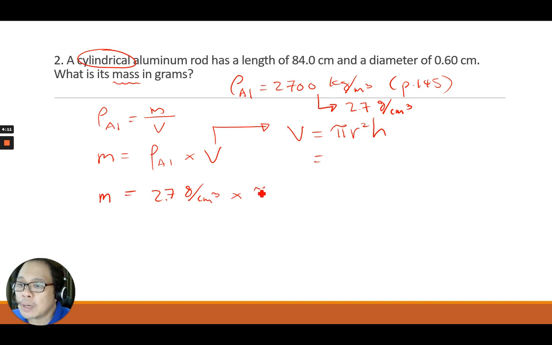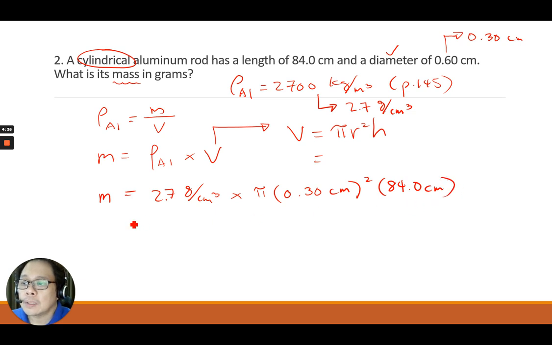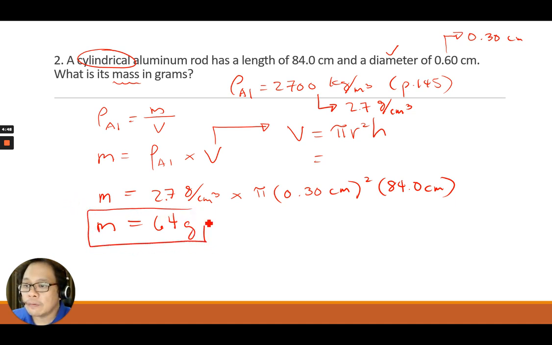The volume is pi times the radius squared. Since you are given the diameter, we have to divide by 2, so the radius becomes 0.30 cm, then square. The height is 84.0 cm. Computing for the mass, you get 64 grams, and our answer should be in 2 SF.